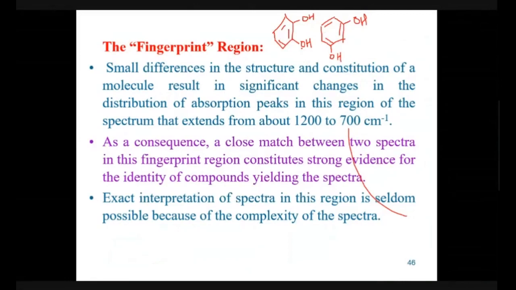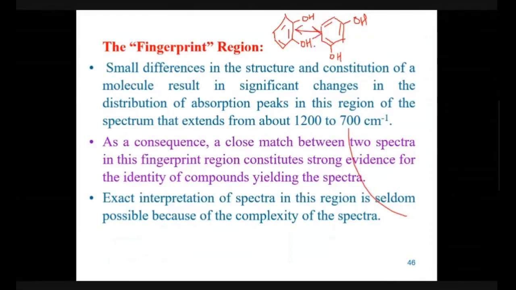Although all the functional groups and everything is the same, only the connectivity is different. Because of the difference in connectivity, you will get a significant change in the fingerprint region of the spectra of these two molecules.